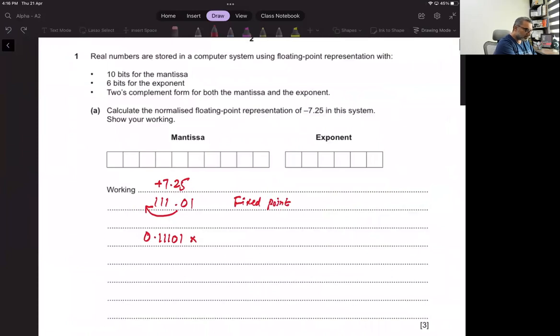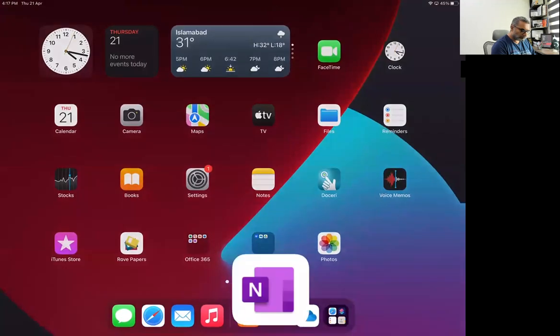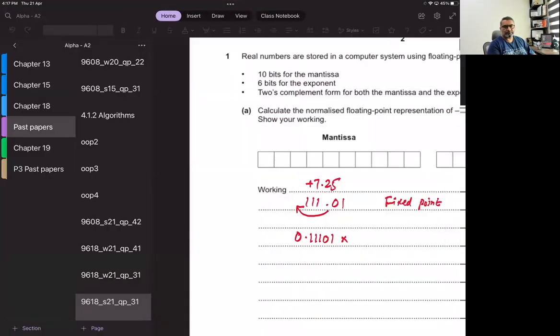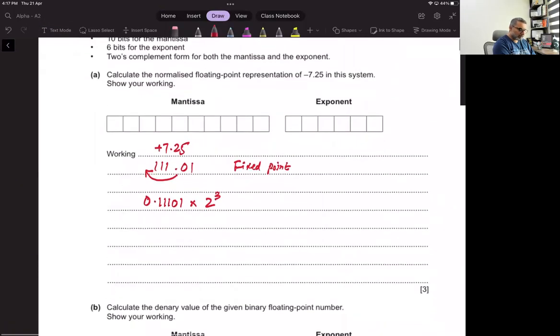So that is 2 to power 3. Now we will write it in floating point form: 0, 1, 1, 1, 0, 1, and the exponent 1, 2, 4. So this is floating point.